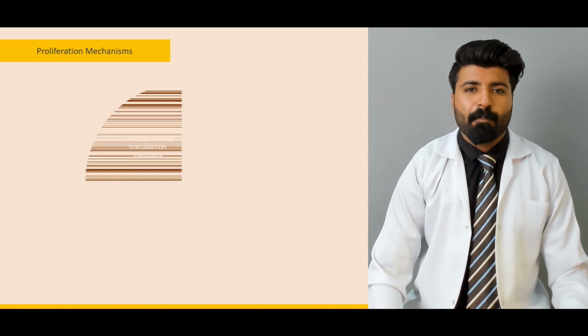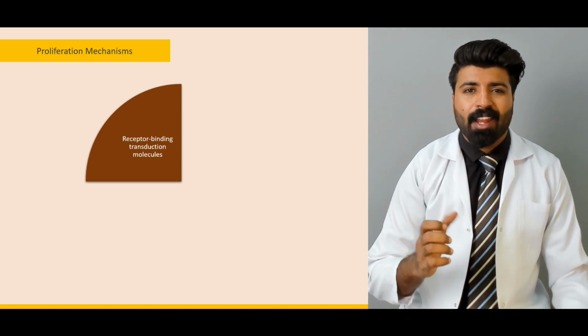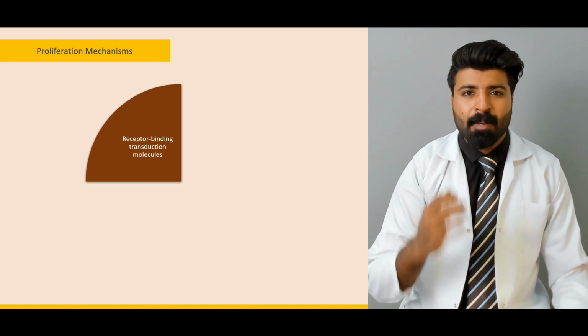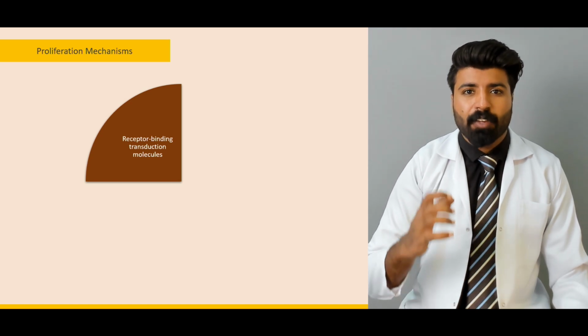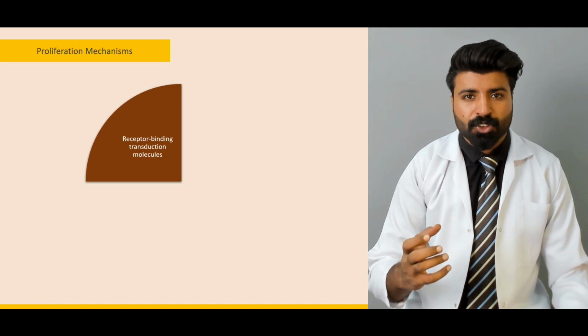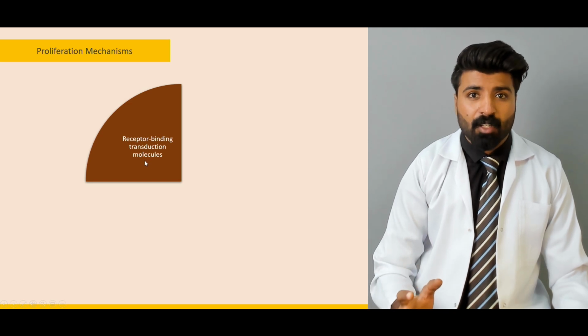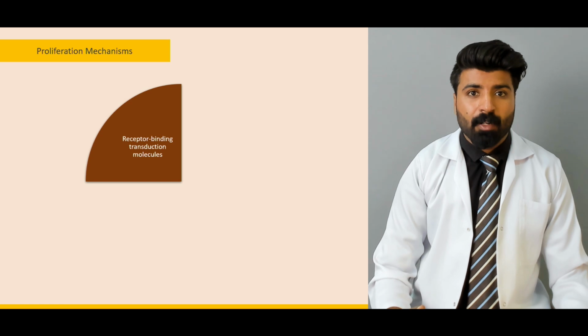Next on, we have proliferation mechanism. We just talked about how anything can go wrong at any level of the proto-oncogene. If any mutation goes through the proto-oncogene, it converts the proto-oncogene into an oncogene. So if receptor binding transduction molecules are affected or mutated in some way, what will happen?